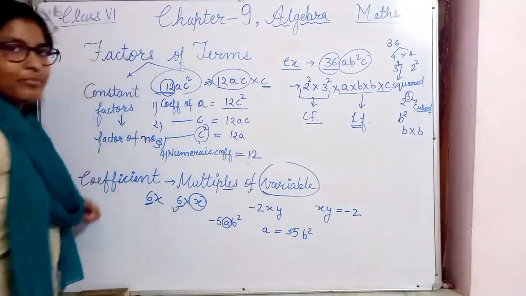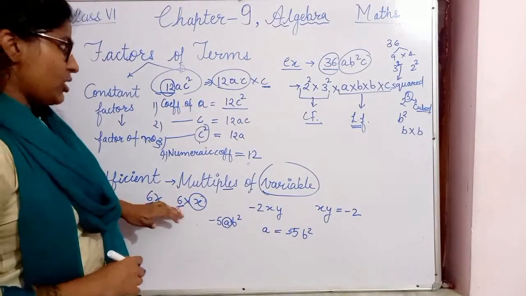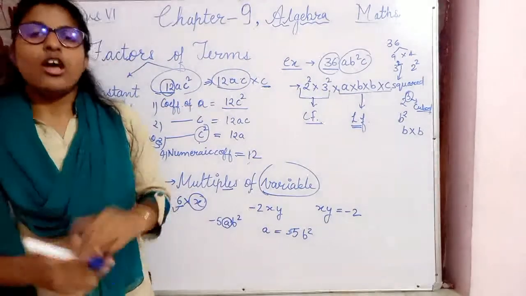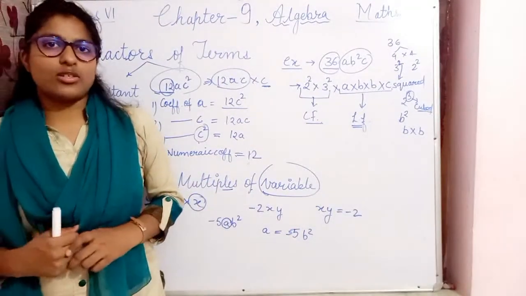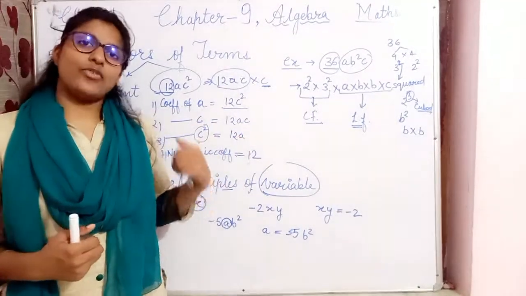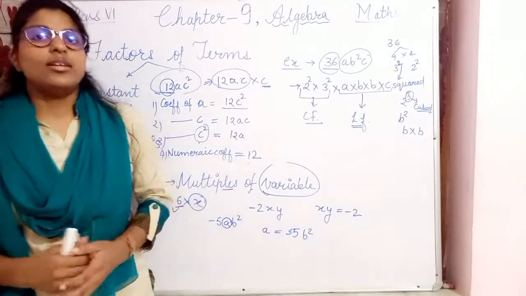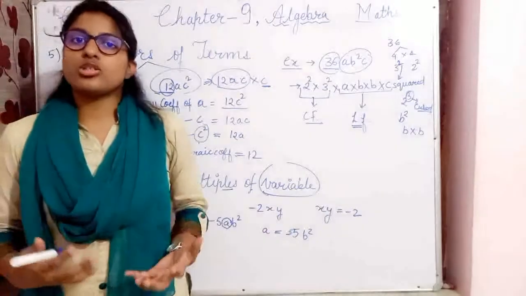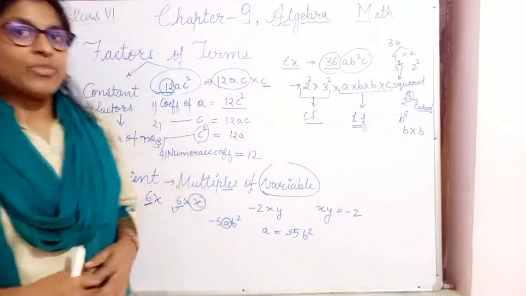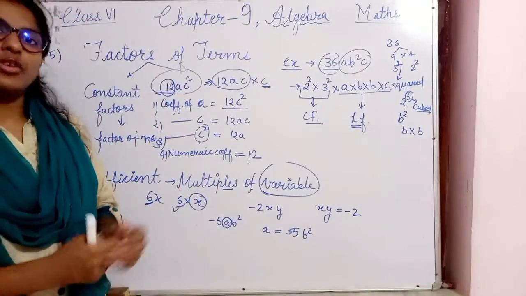That is 12. So this is about the coefficient and terms, factors of terms. Factors of terms are of two types, constant factors and literal factors. Constant factors are factors of fixed numeric values, and literal factors are the factors of variables, because variables are also known as literal numbers. Next, coefficients are multiples of variables.